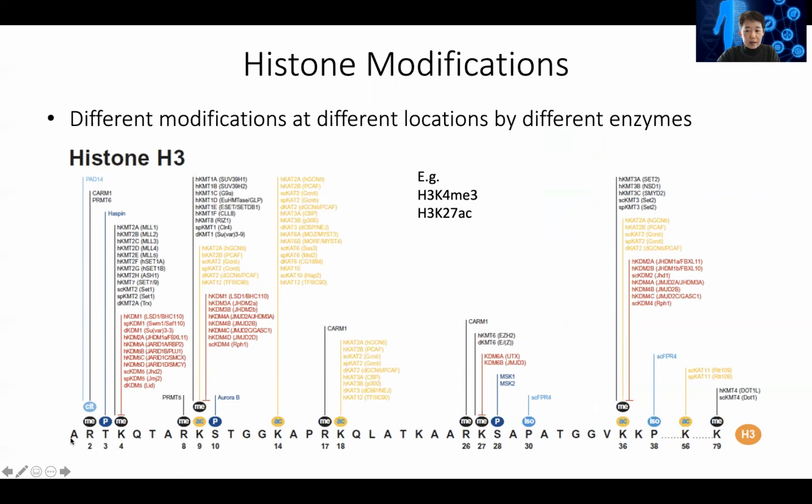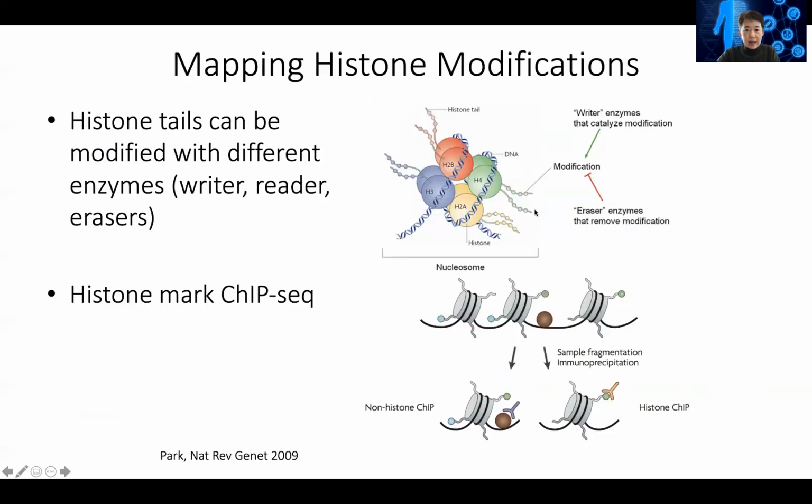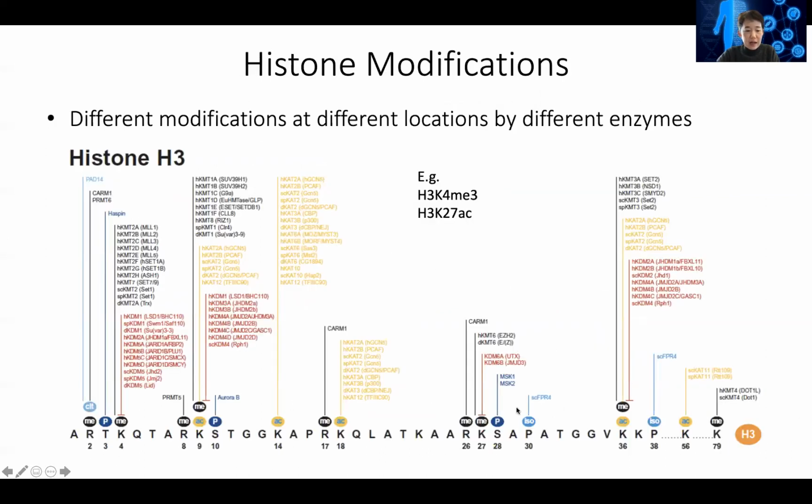Position 1 is at the end in here, and as you go inside, it gets to position 79. You can see here that most of the modifications happen on arginine and lysine. R is arginine, K is lysine, and also threonine T and serine S.